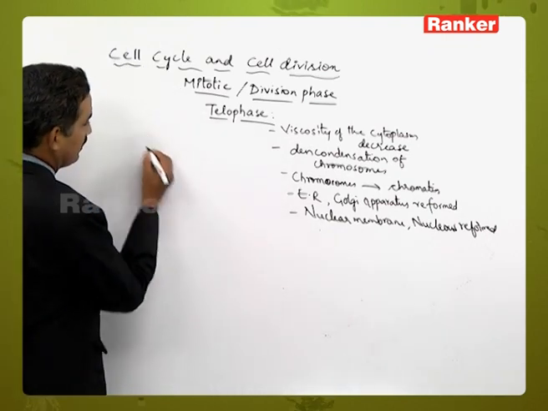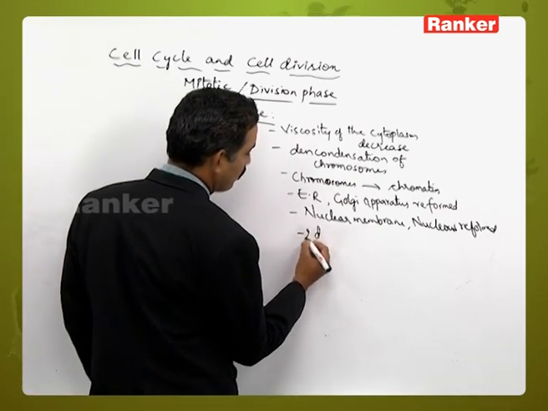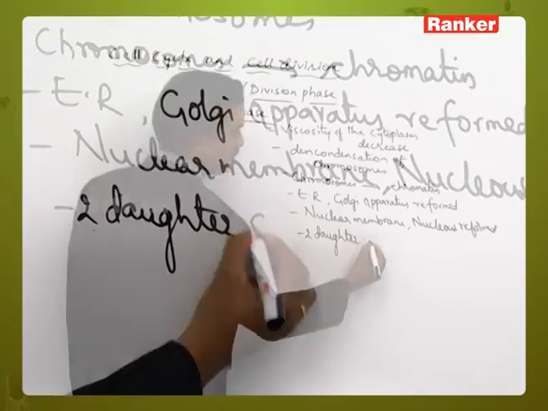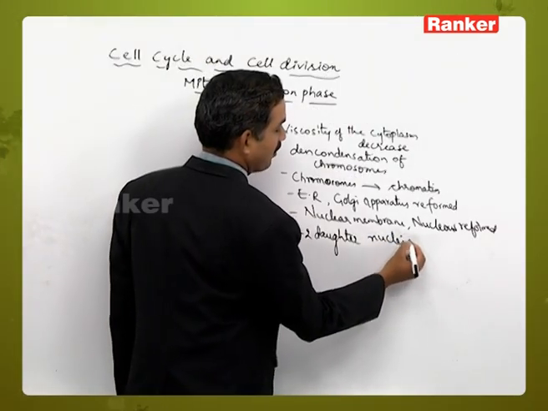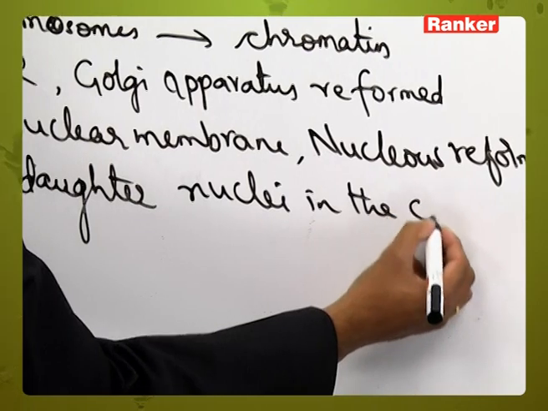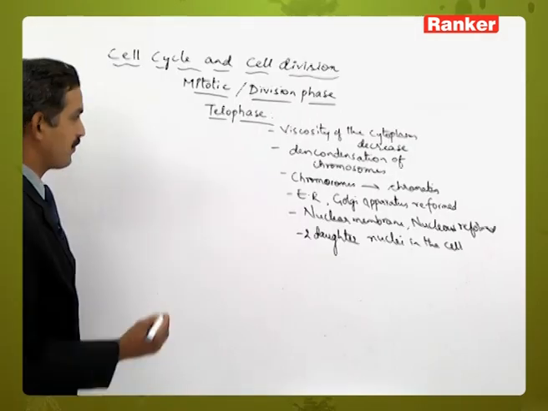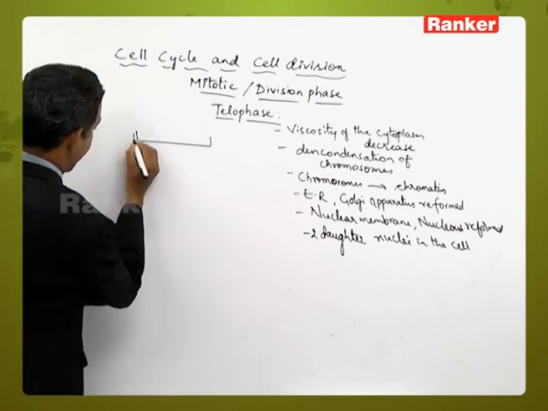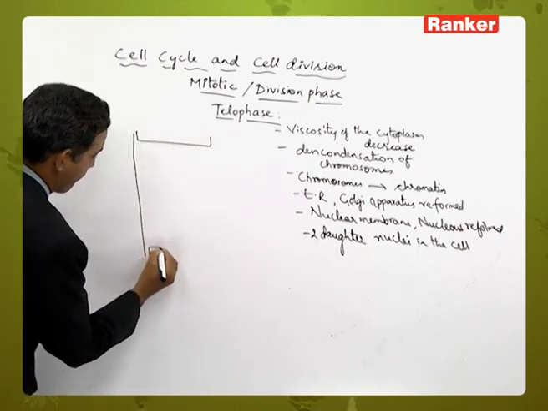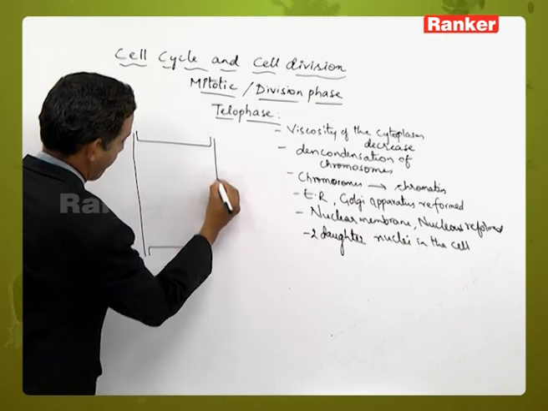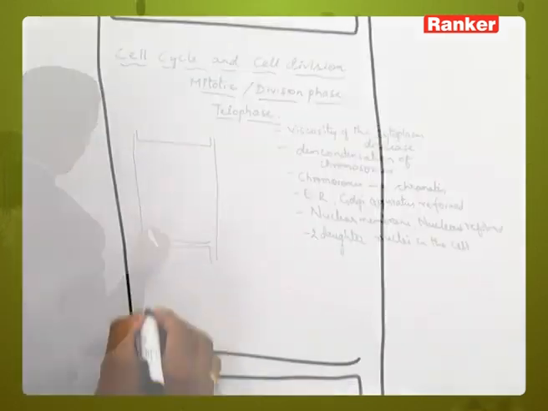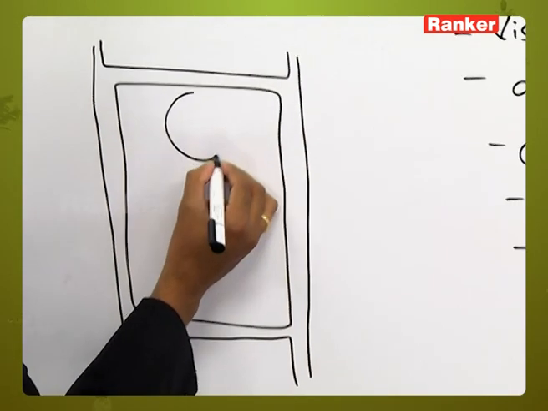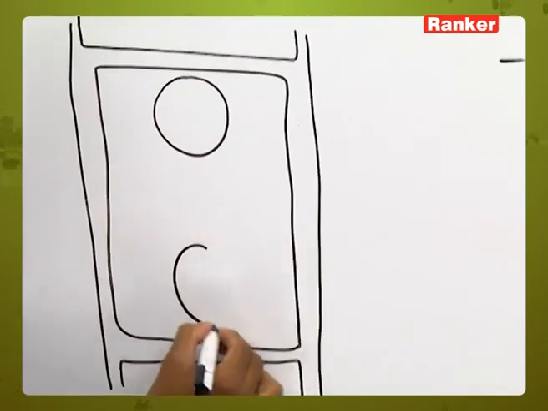By the end of this, two daughter nuclei are formed in the cell. If you see the diagram related to the telophase, a daughter nucleus is formed at each pole like this.